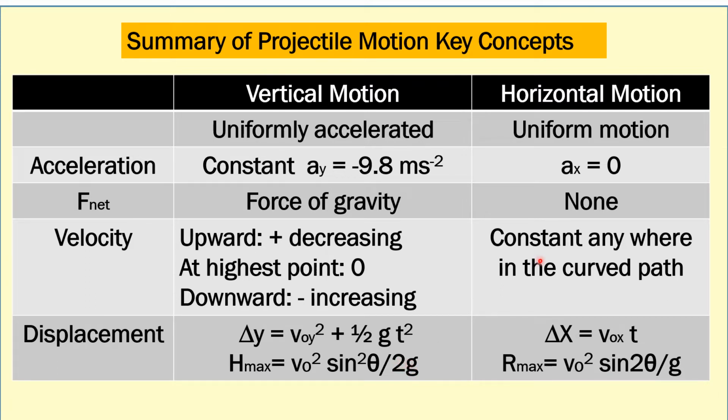So these are the important key concepts when you're analyzing projectile motion. We shall apply these concepts as we start answering the 4 conceptual questions as well as the problem-solving questions towards the end of this tutorial.